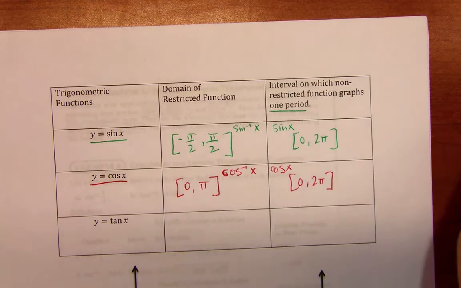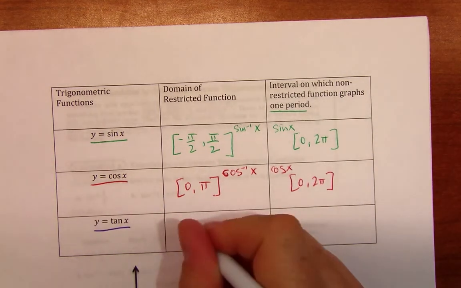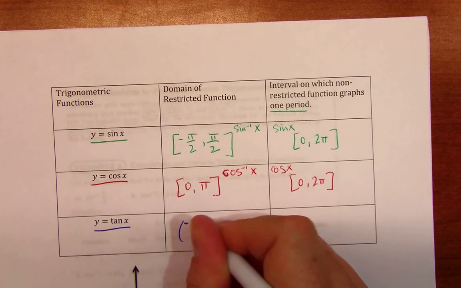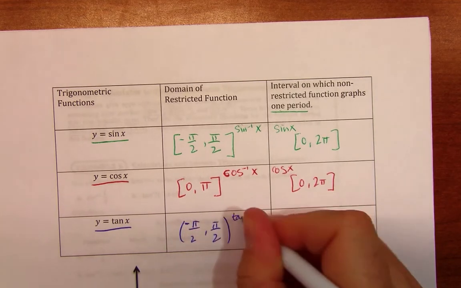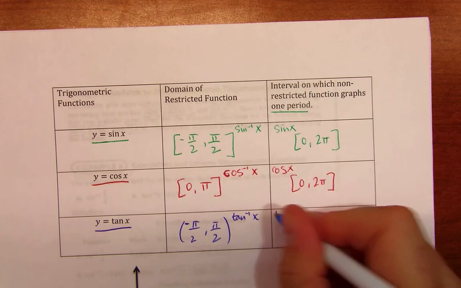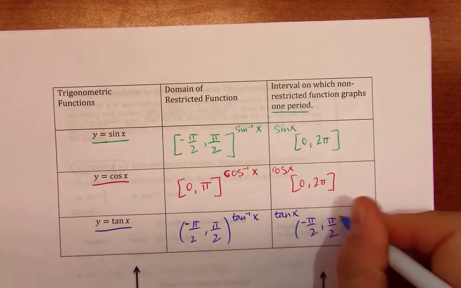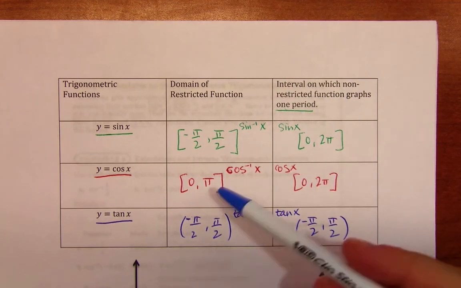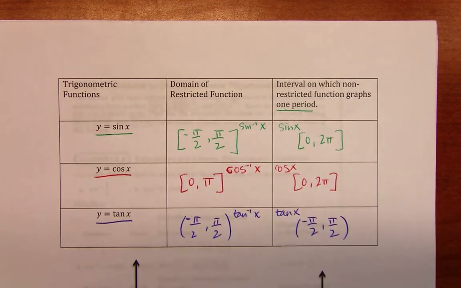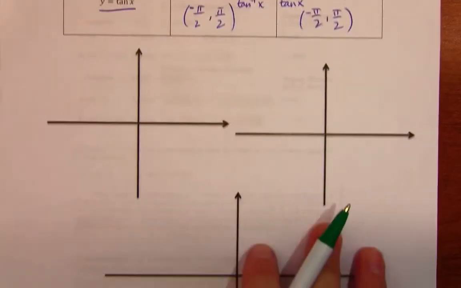And then for tangent, in the restricted domain is the same as the period, negative pi over 2 to positive pi over 2, and regular tangent of x is the same. Now this information is going to be really important to us to know what values we're looking at for these inverse trig functions. Now let's summarize what we talked about with their domain and range.